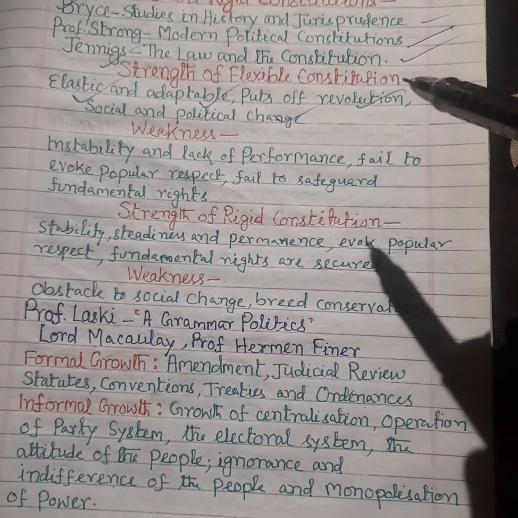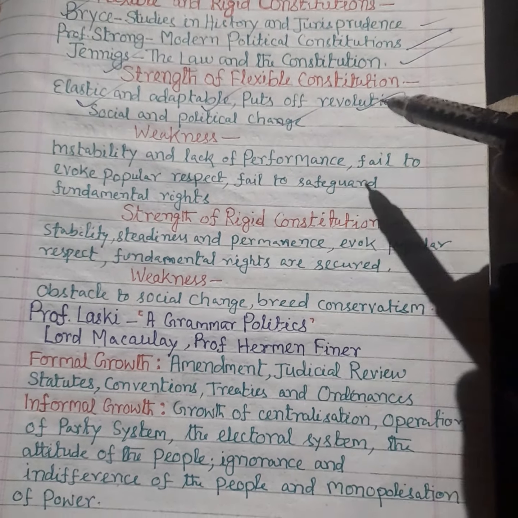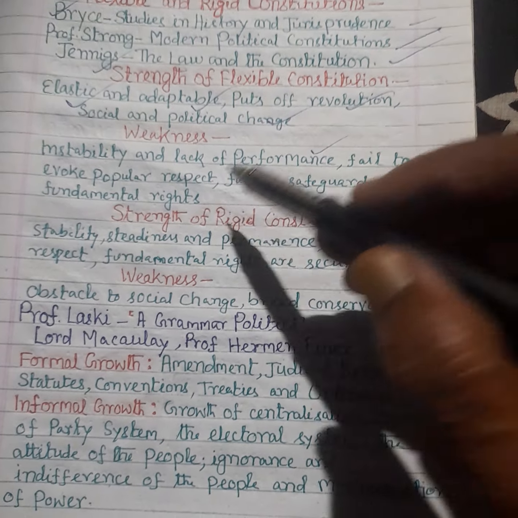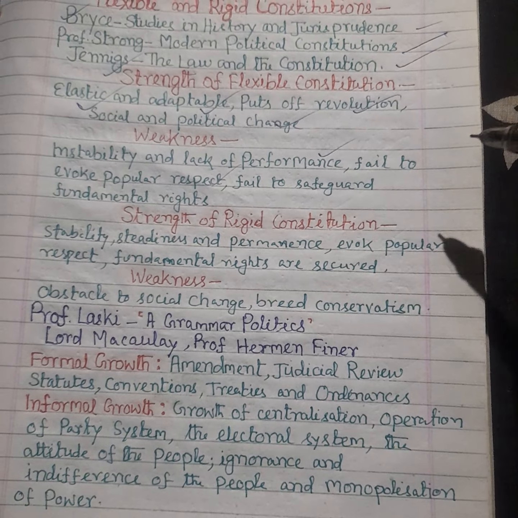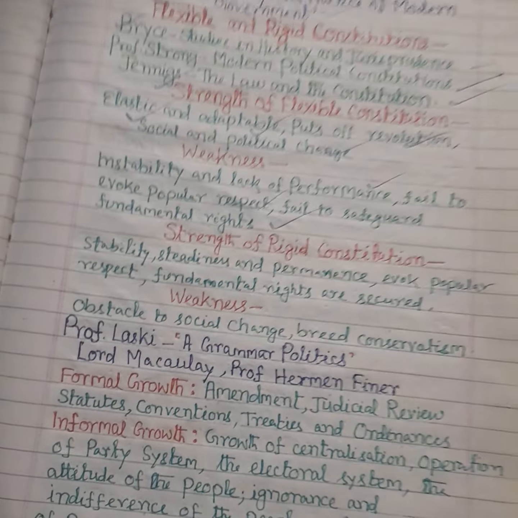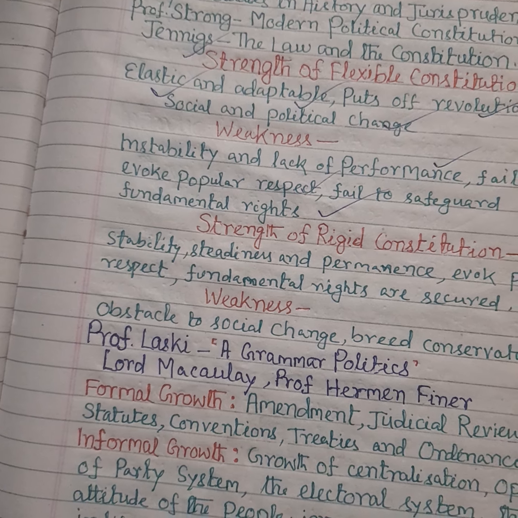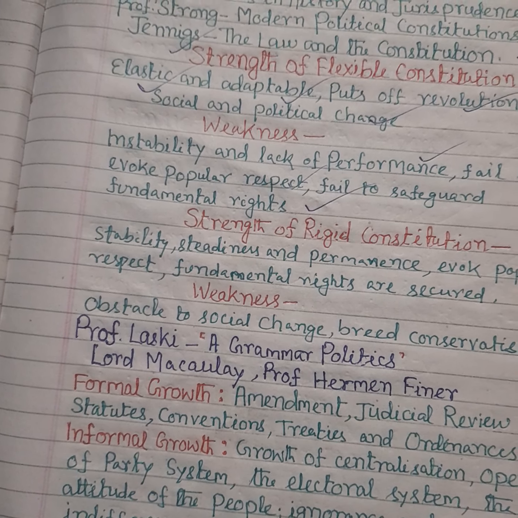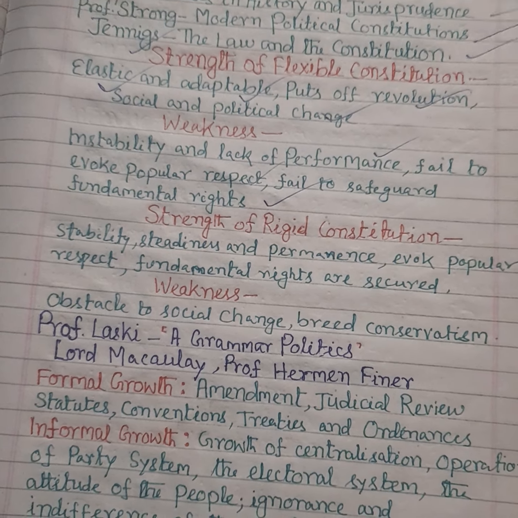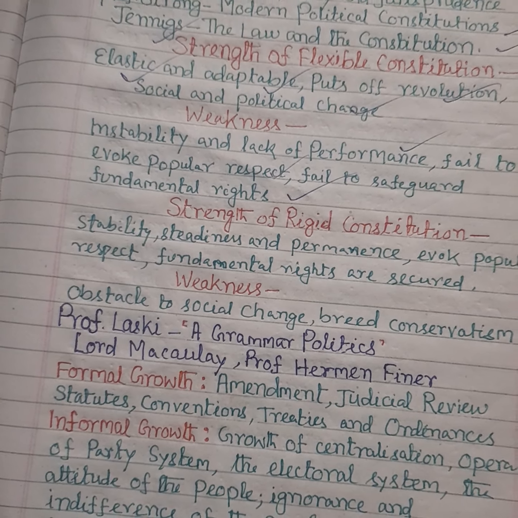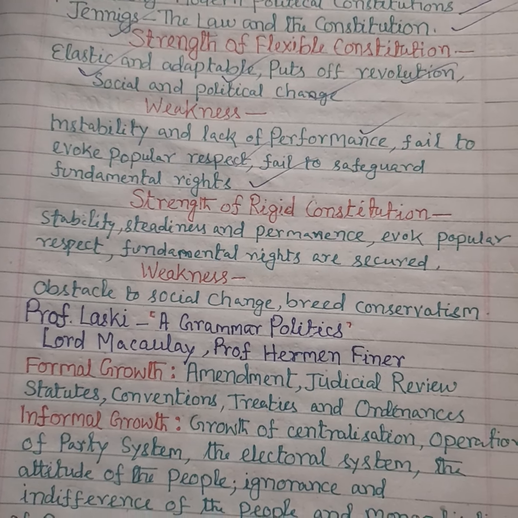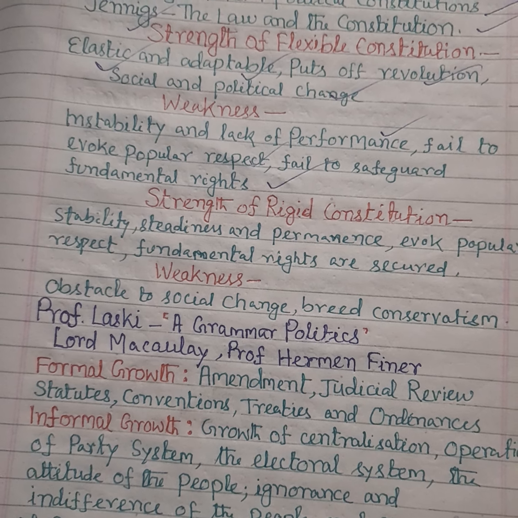Among the weaknesses we find instability and lack of performance. It fails to evoke popular respect for the constitution, and it fails to safeguard the fundamental rights. The flexible constitution is known for its easy process of amendment, so it is supposed to suffer from instability and lack of permanence.